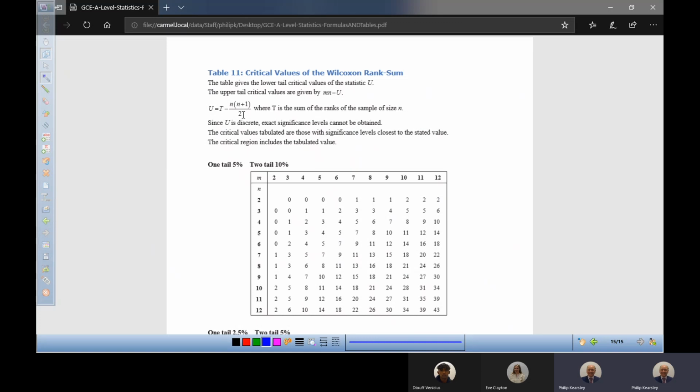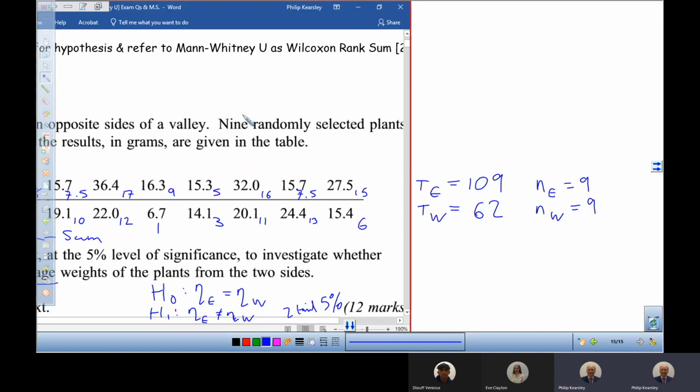There are questions that need practice where you end up with two different sample sizes and you'd use 10 times 11 divided by 2. Here we've got 9 times 10 for both test stats.